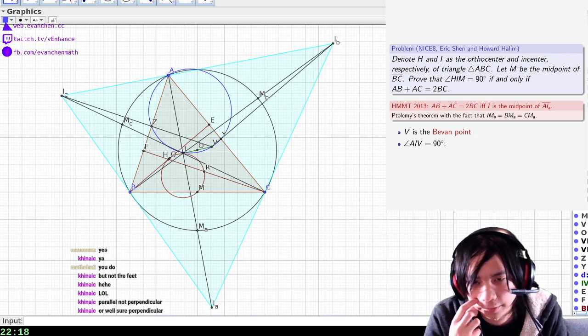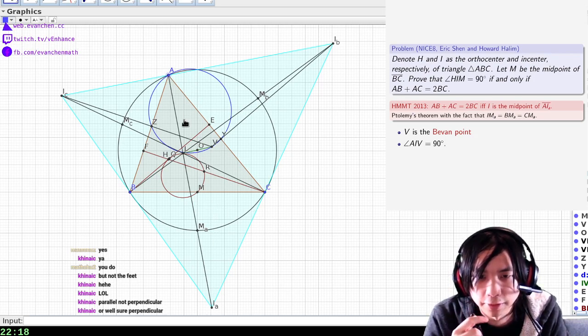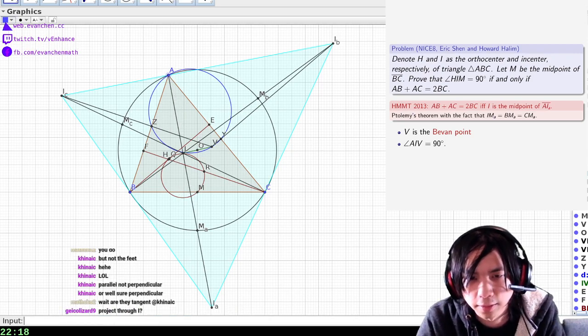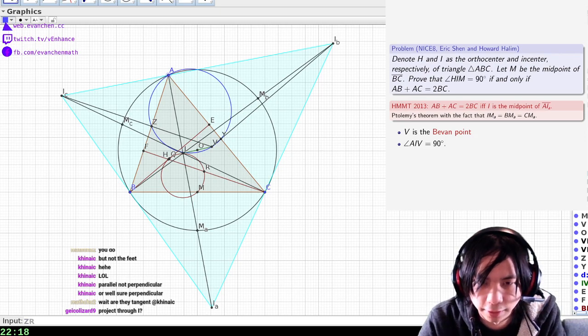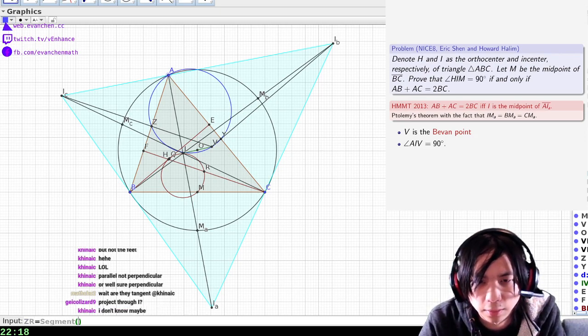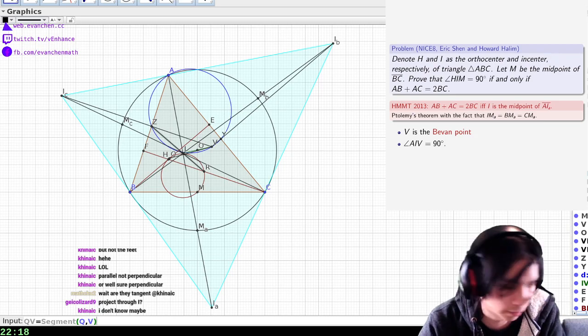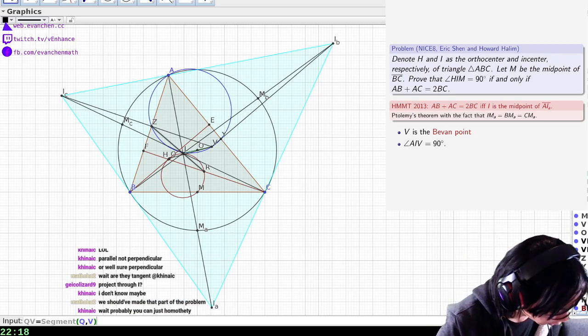And the answer is there is a lemma. And that lemma says that these two things are lines. Oh, this is really hard to read. Did I get the lemma right? I think I messed up the lemma.